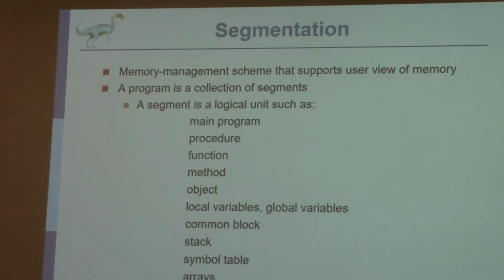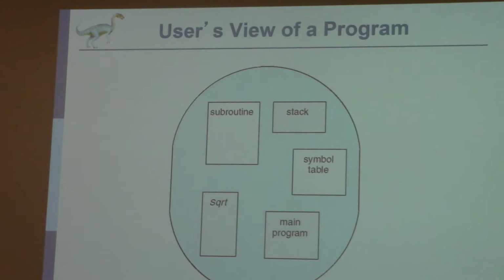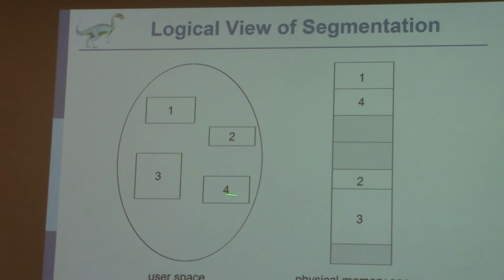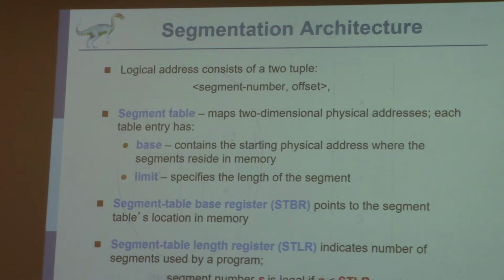Or if we are using another kind of program, like the main program, procedure, function, there might be meaningful chunks of the process. So we will allocate not the entire process but chunk by chunk, which is called segmentation, like the subroutine and so on. So we can allocate such a segment to the physical memory.